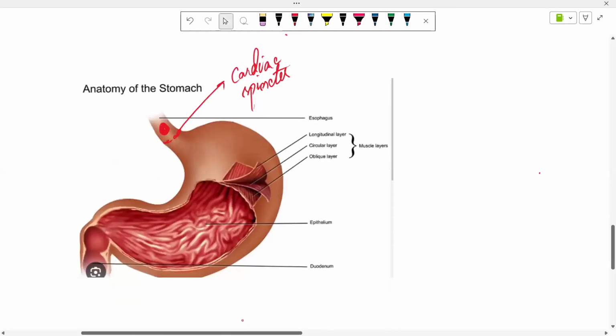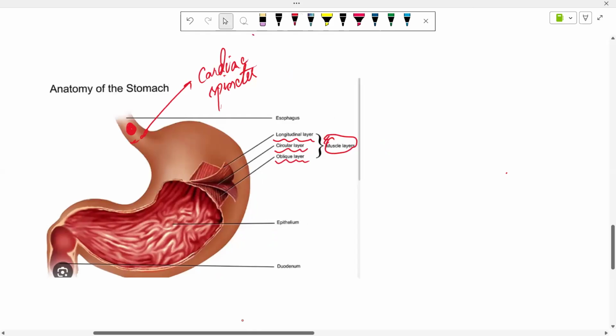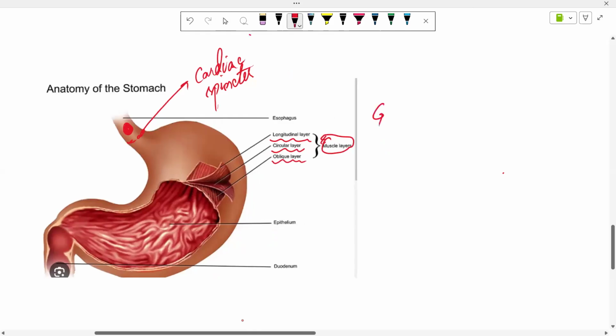The stomach has three muscle layers: longitudinal layer, circular layer, and oblique layer. And it has specific glands which are known as gastric glands.